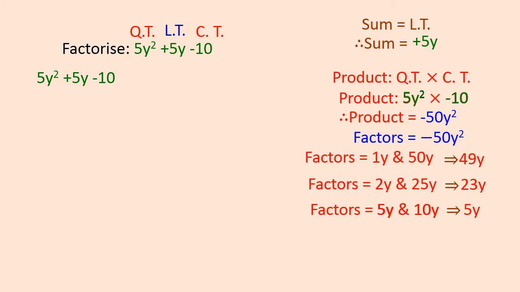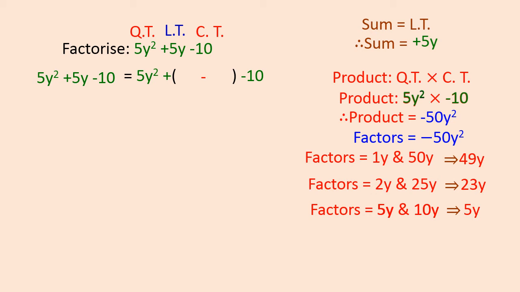So let us go for the next step without delaying. 5y square, your quadratic term, is as it is. Sign of the linear term is there and minus 10 is constant term. I have applied bracket for linear term and inside the bracket I have put minus sign. That sign, from where did you get? The sign of product. Again, minus sign inside the bracket is nothing but sign of the product.